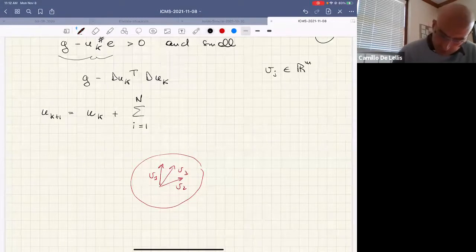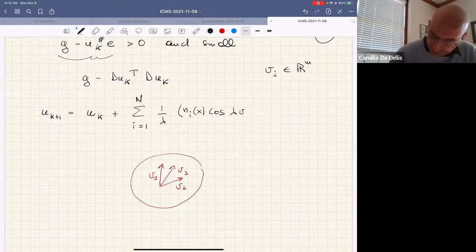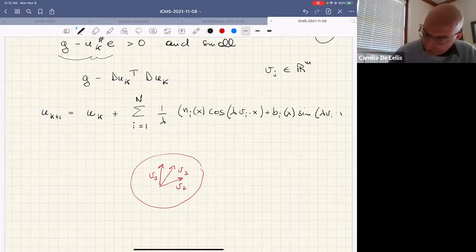Okay, and for each of these directions, let me assume that I have vector fields Bi and Ni, which are all orthogonal to each other. So here I'm going to have Ni of x times cosine of lambda vi dot x, and then I have Bi of x times sine of lambda vi dot x.